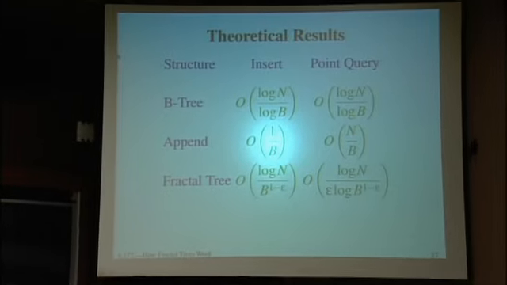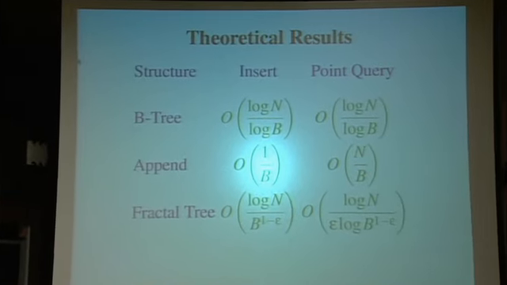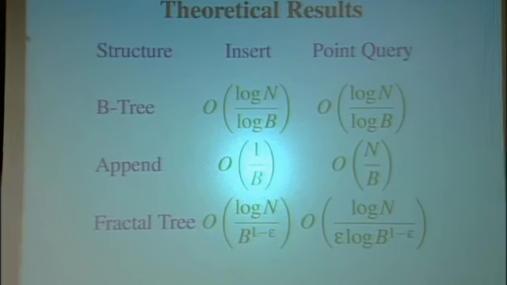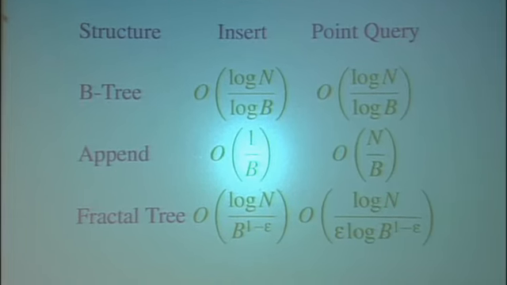We'll start with a B-tree. A B-tree has block size B, and here I'm going to assume that the things you're storing are unit sized, because you can do the analysis otherwise, but it gets more complicated.